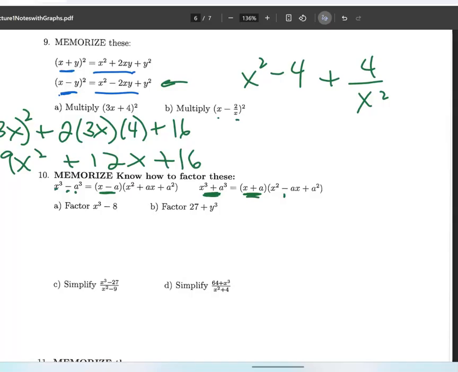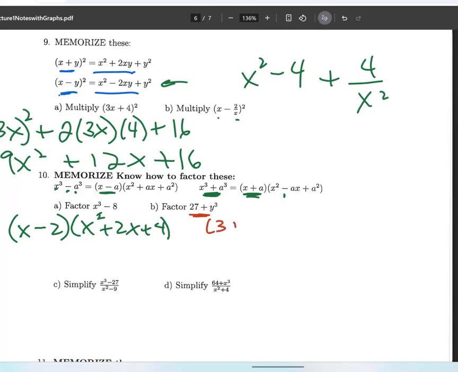So let's go practice. So if I'm going to factor x cubed minus 8, I'd have an x minus 2, and then x squared plus 2x plus 4. And let's do this one here. So if I have 27 plus y cubed, you could change it to y cubed plus 27 if you prefer, but that still doesn't matter.